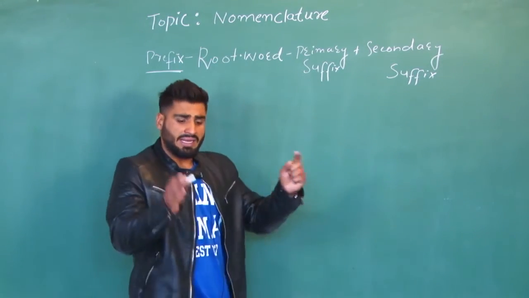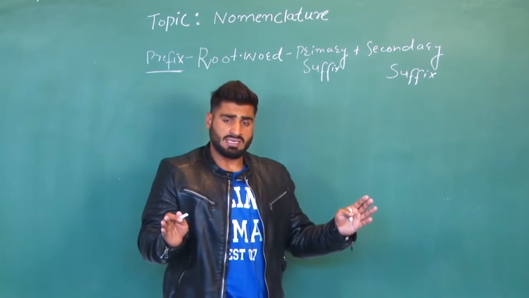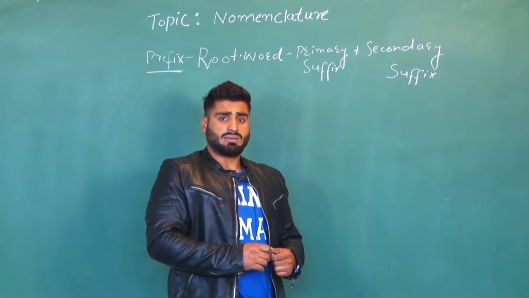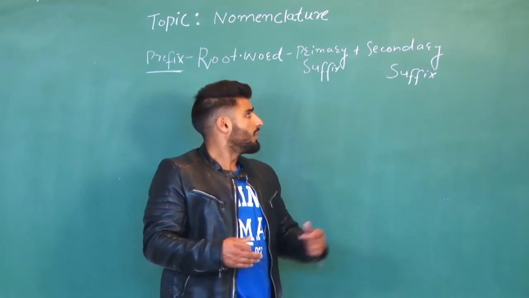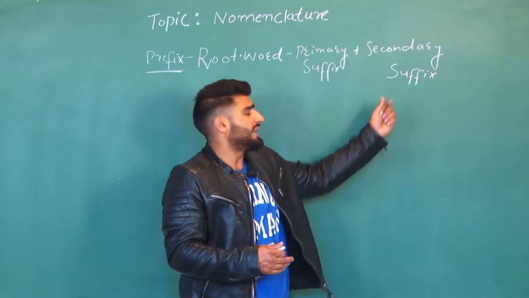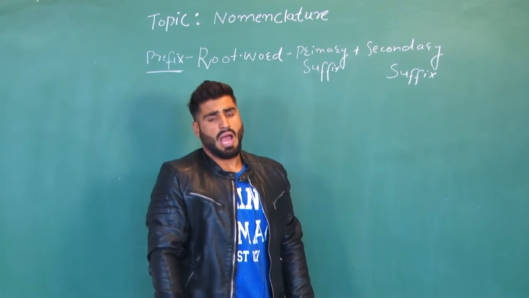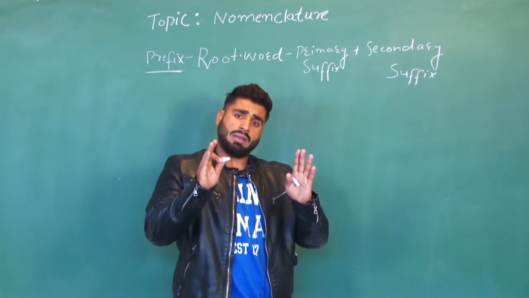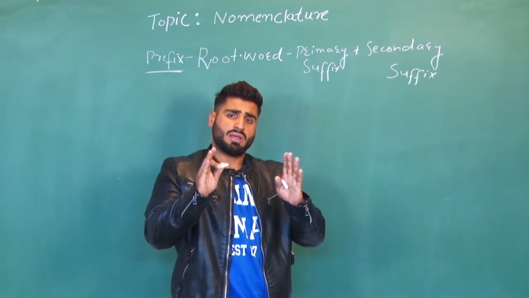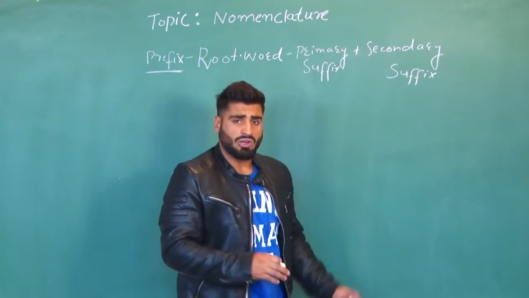The primary suffix indicates the linkage, already discussed in the earlier classes. Then the secondary suffix indicates the functional group. I have given you an elementary idea about the functional groups.